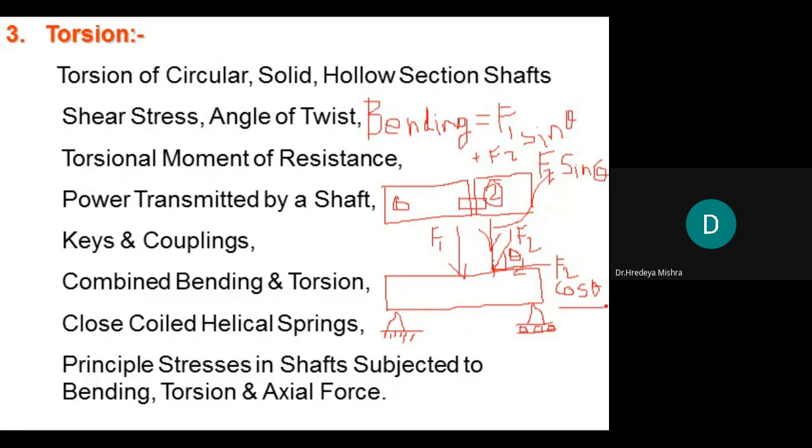F2 cos theta is responsible for direct shear, and F1 and F2 sin theta are responsible for the bending stress.